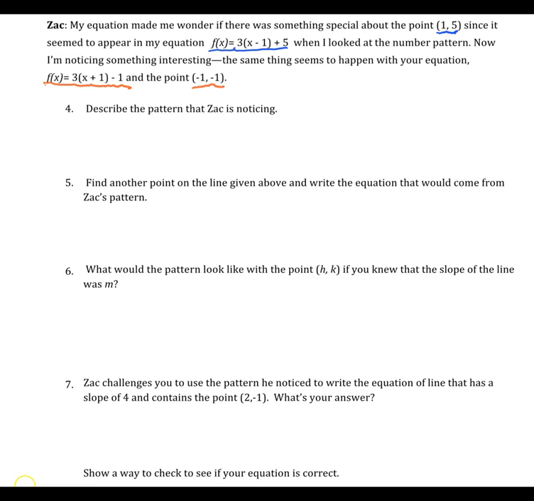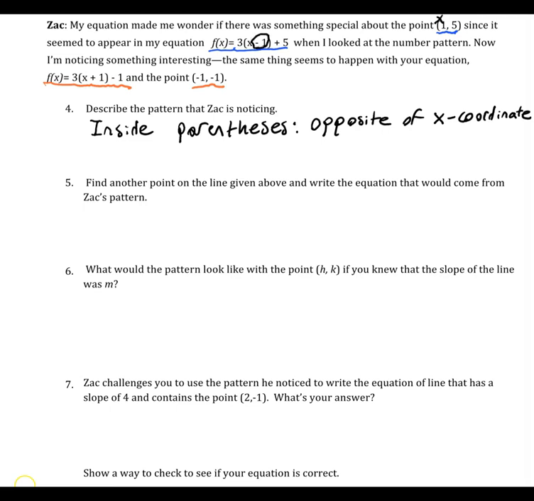So the pattern that Zach is noticing is that inside the parentheses is appearing the opposite of the x-coordinate. So we can see here the x-coordinate is 1, and then the opposite of 1, -1, is appearing here. Same thing over here, the x-coordinate is -1, and then the opposite of -1, +1, is appearing here.